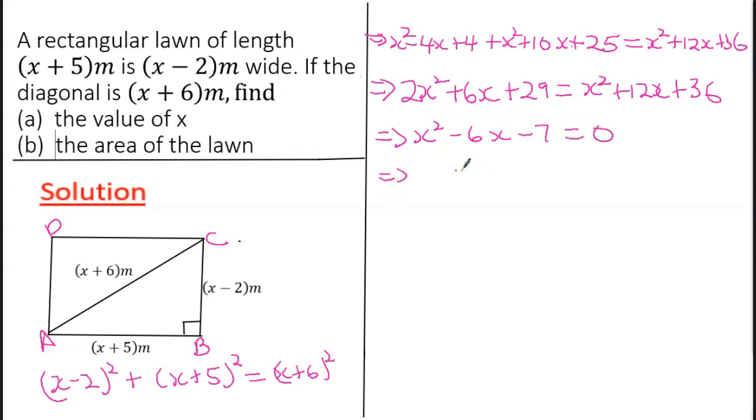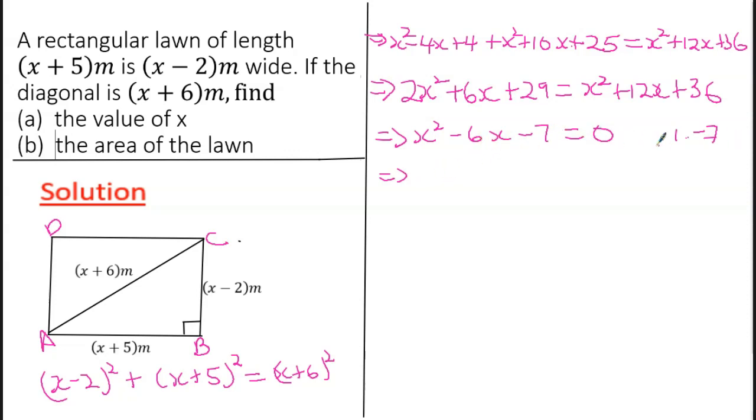We then factorize. So the coefficient here is 1. 1 times minus 7 is minus 7. So we need factors of minus 7 which, when you multiply, you get minus 7, but when you add, you get minus 6. If you take 1 and minus 7, 1 plus minus 7 gives minus 6, and 1 times minus 7 is minus 7.